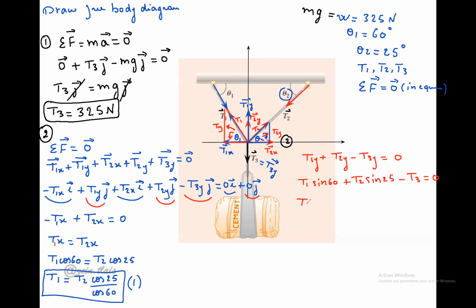So T1 equals T3 minus T2 sine 25 divided by sine 60. You know that T3 we calculated its value, which is equal to 3 to 5.